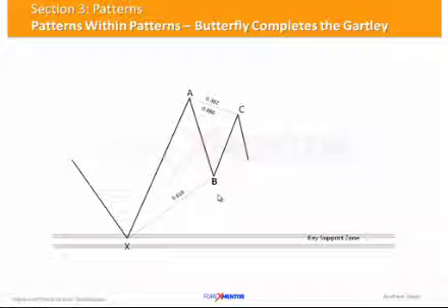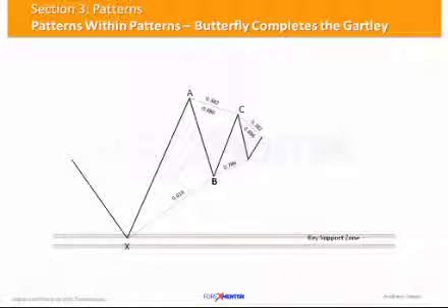So let's follow along. Now looking at the BC leg, we start to retrace. And if you start seeing a 79% retracement, you want to start looking for a possible butterfly pattern. Now look at the retracement from C down to this leg, anywhere from the 38 to the 886 Fibonacci retracement.